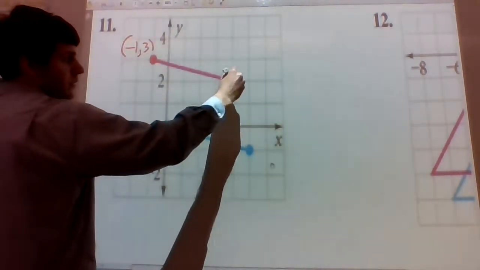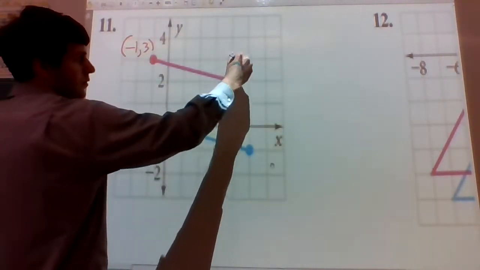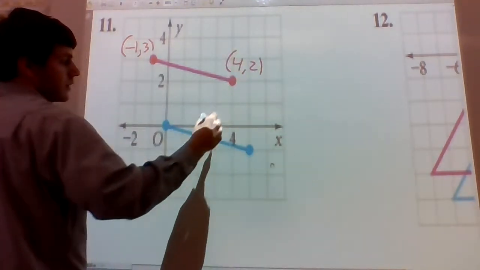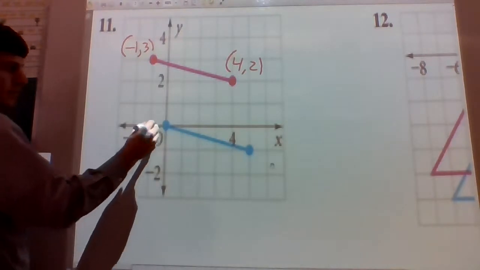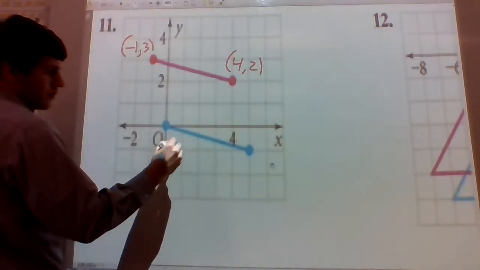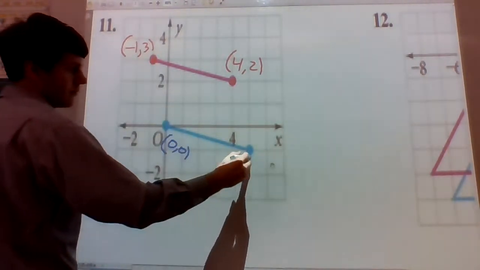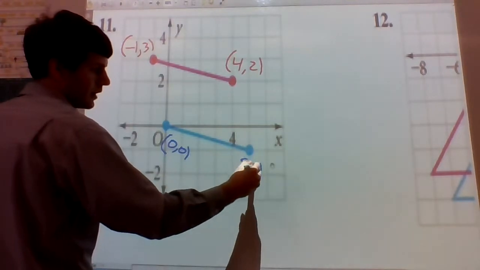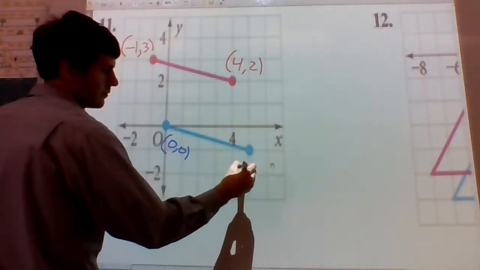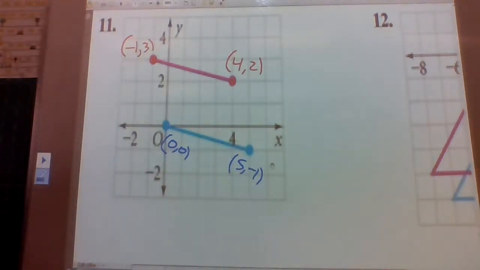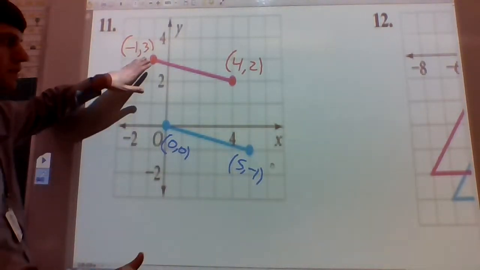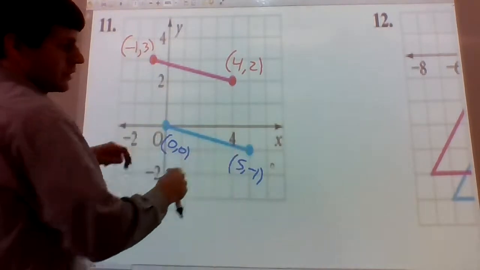This one over here is 4, 2. And then down here in blue, we're going to have 0, 0, and 5, negative 1.